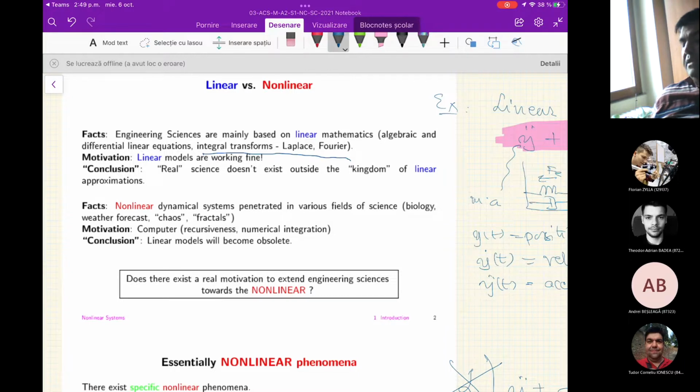So the conclusion is that linear models can be done away with, and we can come up with a new approach. Of course, this is not new; we are placing ourselves in time many years ago.